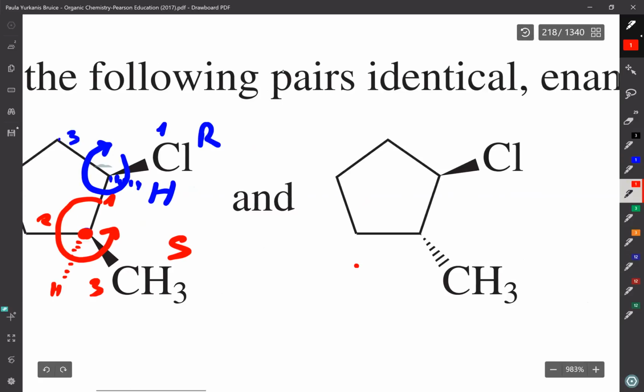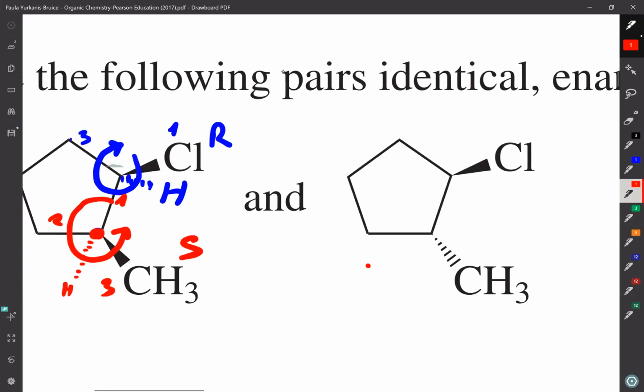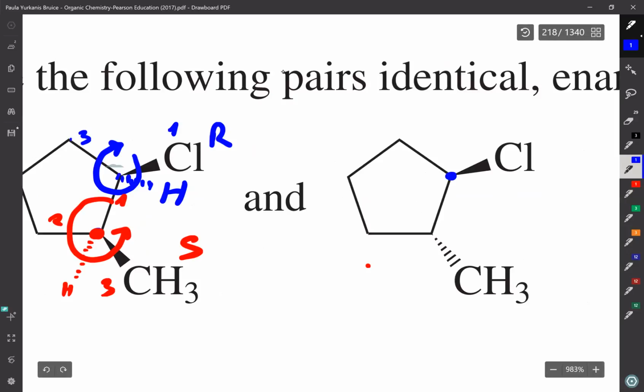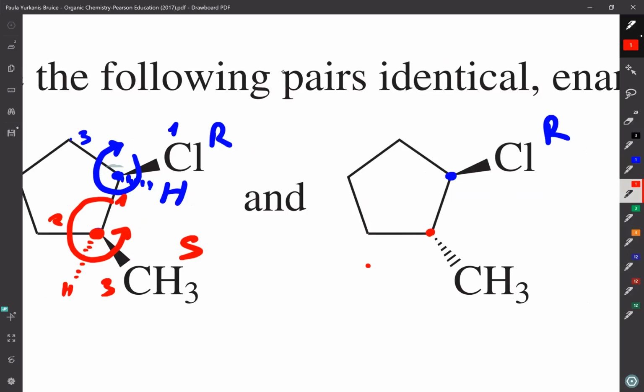Let's go to the other one here. With this first center, you notice that it's exactly the same as the other center. The molecules are placed exactly the same, so I won't waste time. I will refer to this as an R. If you look at the second center here, this second center is the opposite of the other one because the CH3 now is on the dash.